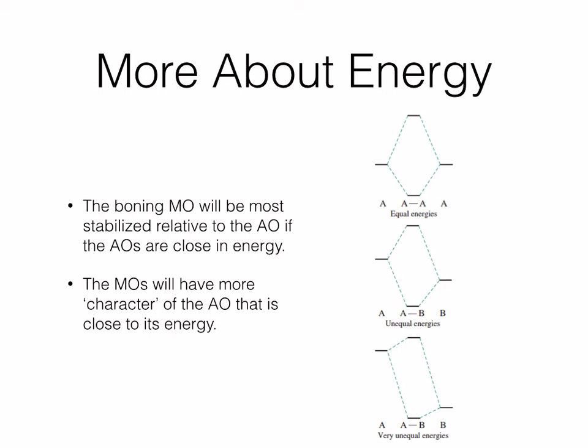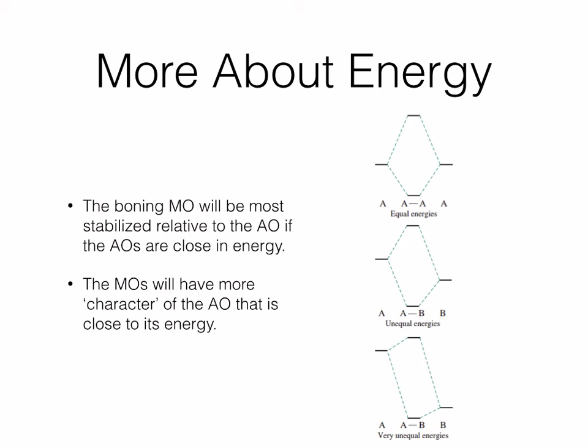That will be the scenario at the top of the cartoon. Now, if the two atomic orbitals have very different energies, then the energy gain of the bonding MO and the energy penalty of the anti-bonding MO will be substantially reduced.